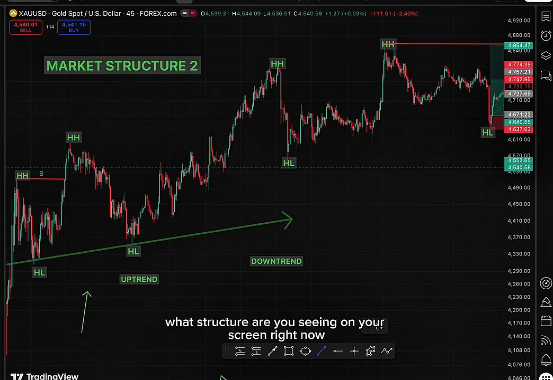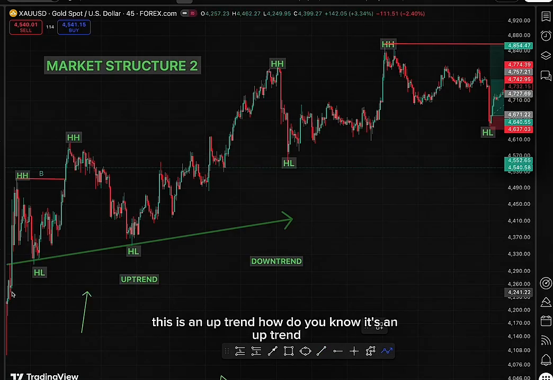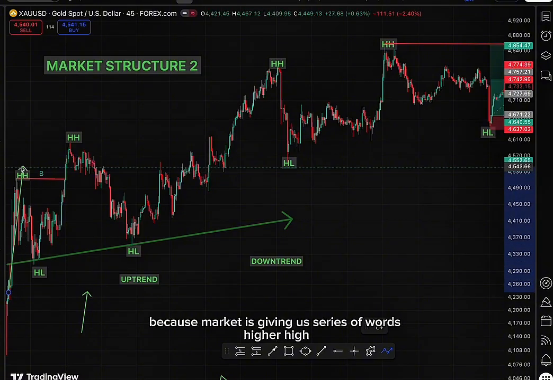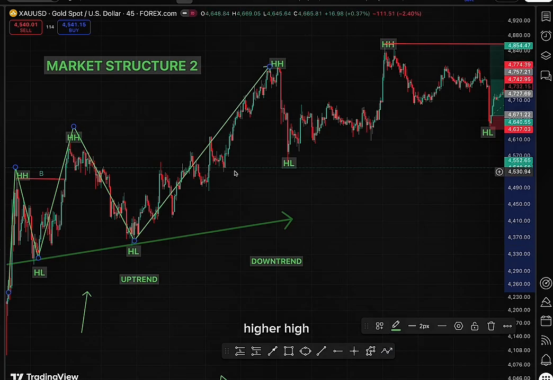What structure are you seeing on your screen right now? This is an uptrend. How do you know it's an uptrend? Because the market is giving us series of higher high, higher low, higher high, higher low, higher high. How do you know a valid uptrend?